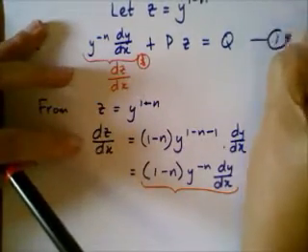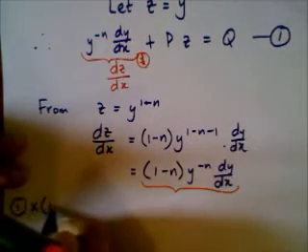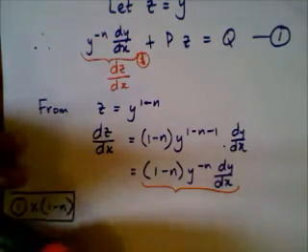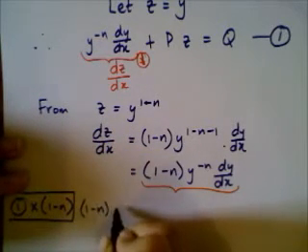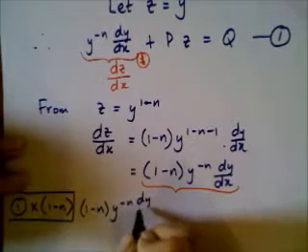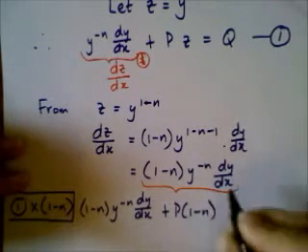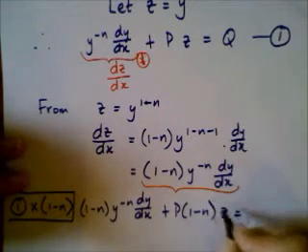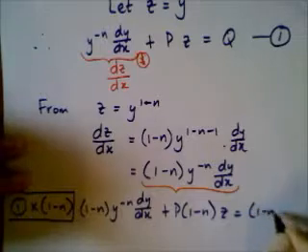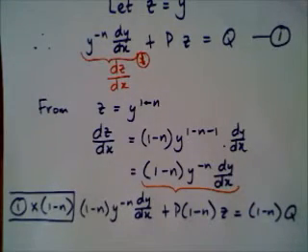So if I call that 1, you'll have 1 multiplied by 1 minus n, which means you'll get (1 minus n) y to the minus n dy/dx, plus (1 minus n) P z, equals (1 minus n) times Q. Okay?